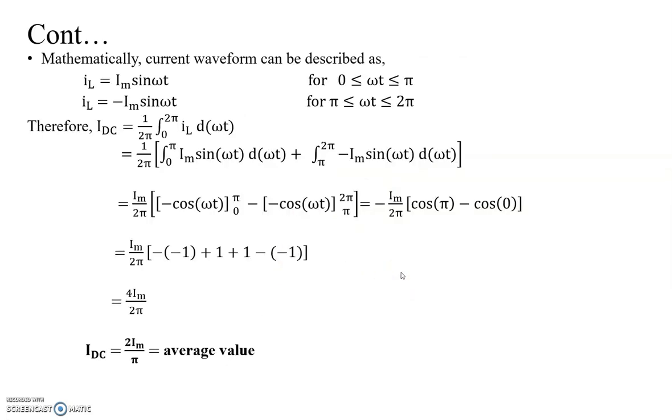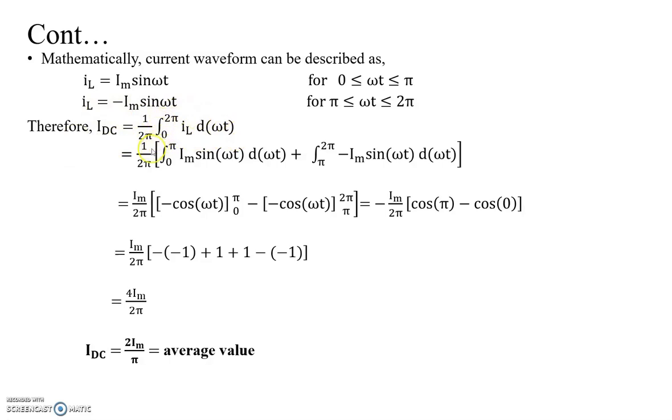Mathematically, the current waveform can be described as IL equal to Im sin omega t for omega t between 0 to pi, whereas for omega t from pi to 2 pi, the IL value becomes minus Im sin omega t. Therefore, IDC is equal to 1 by 2 pi integral 0 to 2 pi IL d omega t.